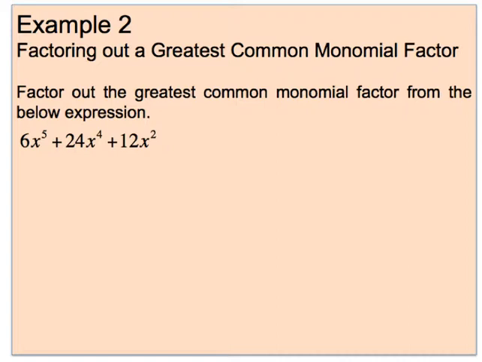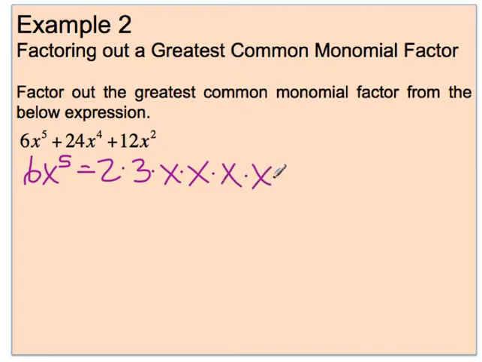So if we want to factor out the greatest common monomial factor from the below expression, first we need to figure out what the greatest common monomial factor is in this case. So we have 6x to the fifth, which we know from previous examples is 2 times 3 times x times x times x times x times x.